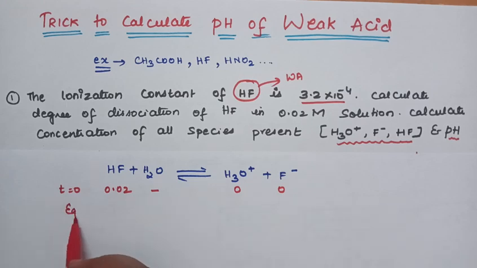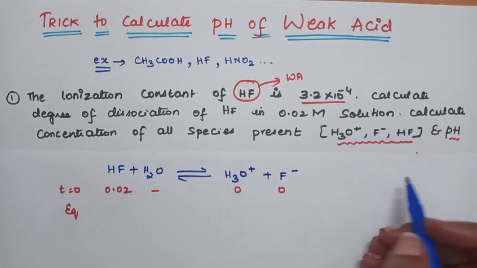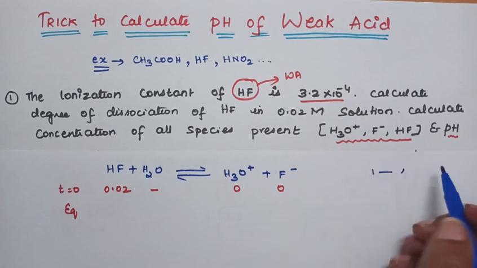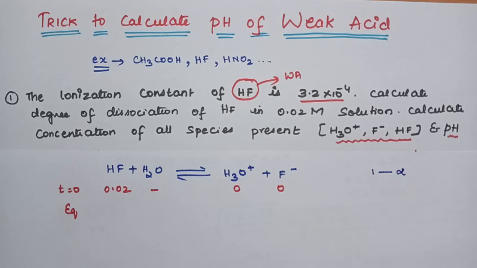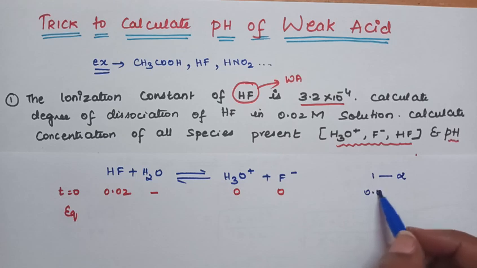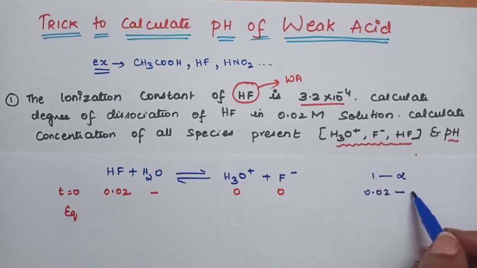And at equilibrium what will be the concentration? Students, you know that for 1 mole, if alpha dissociates, then here the concentration is given as 0.02, so how much will dissociate?